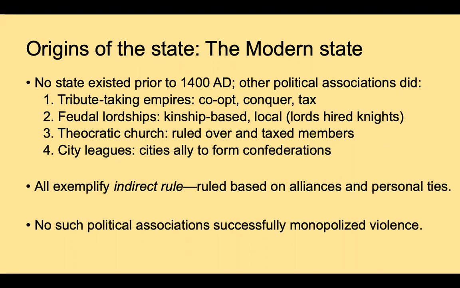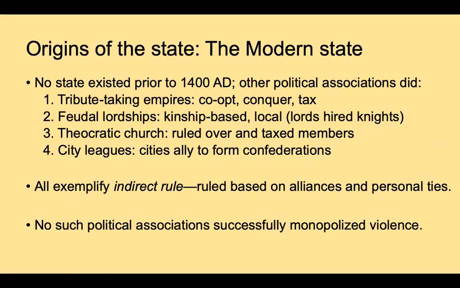Now, these other associations included, for example, tribute-taking empires, which would co-opt peoples, conquer them, and then tax them. Those associations included feudal lordships that were kinship-based and local. In these situations, lords would hire knights to defend the interest of the lord.